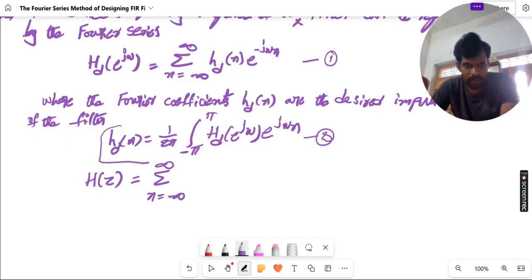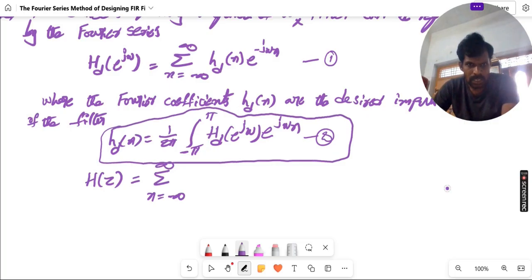So whatever we have, the desired impulse response of the filter, by applying the Z transform to this, is represented by hd of n into z power minus n. So consider it is the representation of the Z transform of the desired impulse response. Let us consider this one is equation number 3.